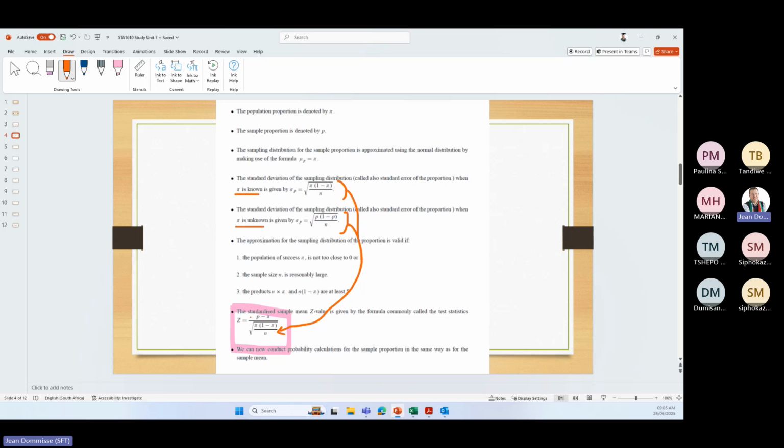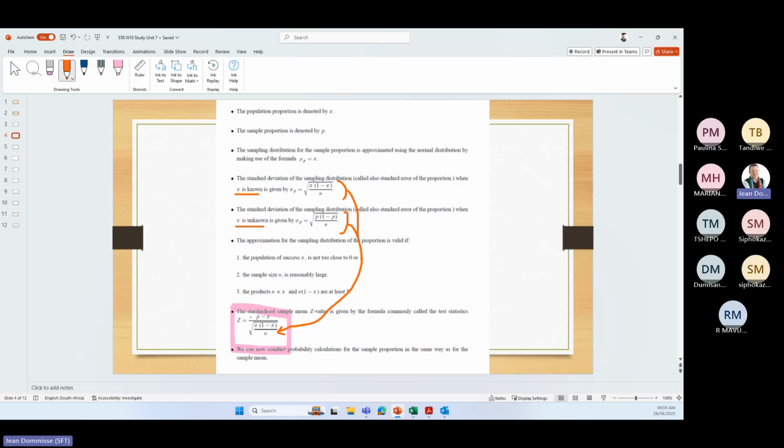The other thing, when we do the proportion, they will tell you, and you will see in the examples that we do, the big difference between when it's a proportion and when we're working with a mean. It's not that they're just going to give you numbers and you need to suddenly sort out which one it is.